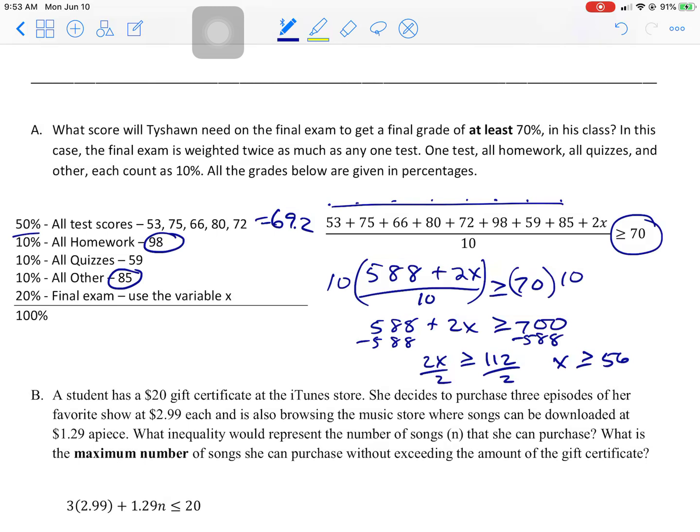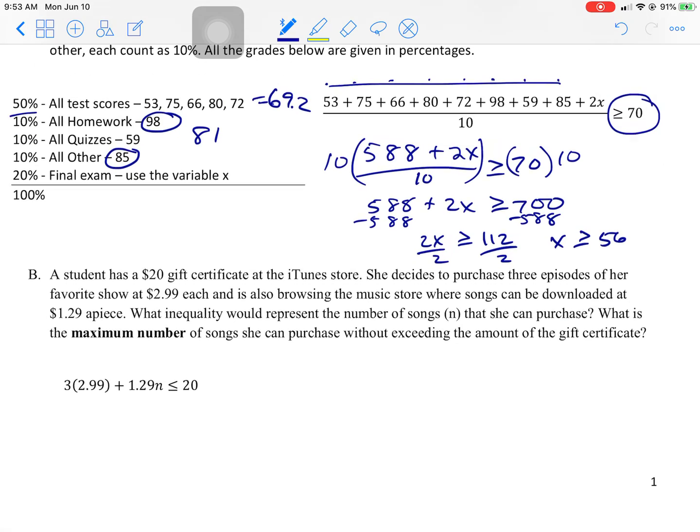So the average between the 98 plus 59 plus 85, so 30%, is about an 81. So that seems about right. So he could do a little less than a 70 here and still pass because of the other grades. So that makes sense. All right, how about this one?